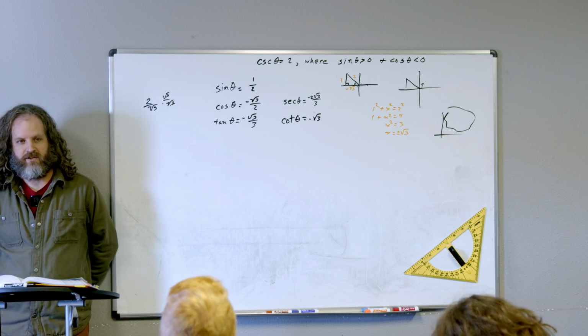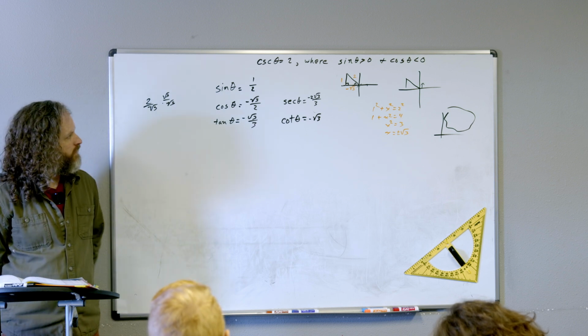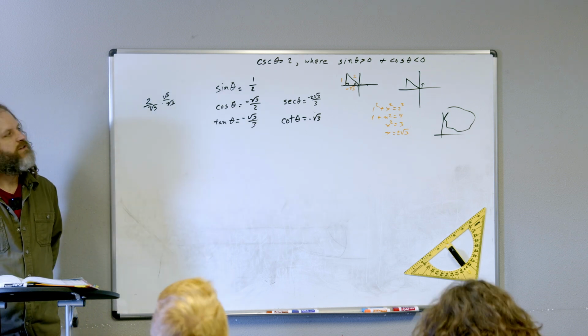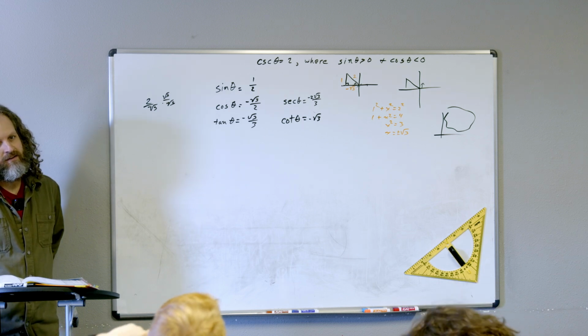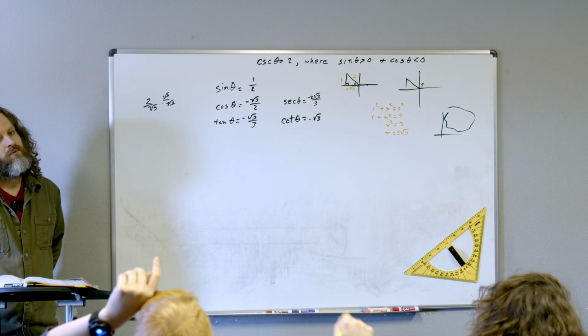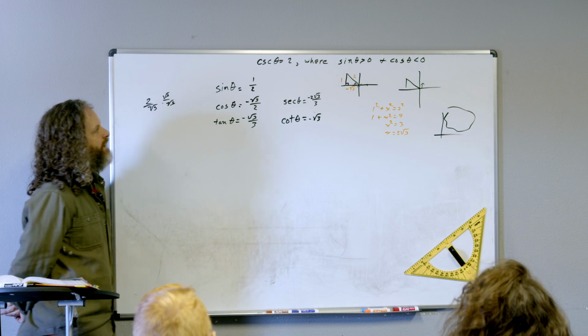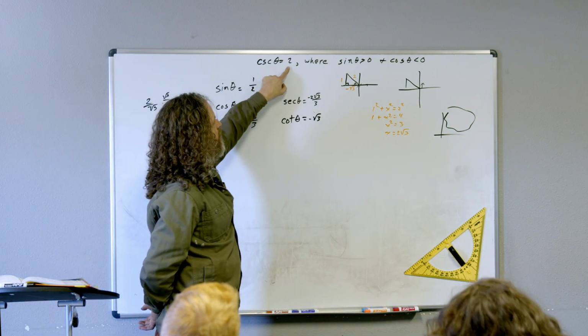What is cosecant? Cosecant is the reciprocal of sine, s to c, c to s. Oh. It's the reciprocal of sine. What is sine? Sine is y over r, right? So this would be r over y, right?